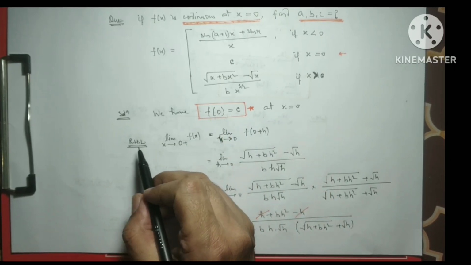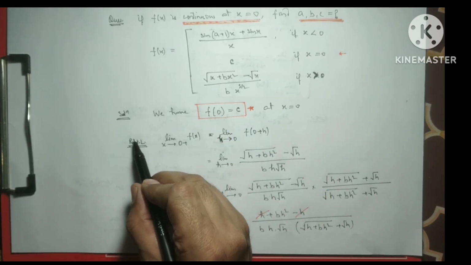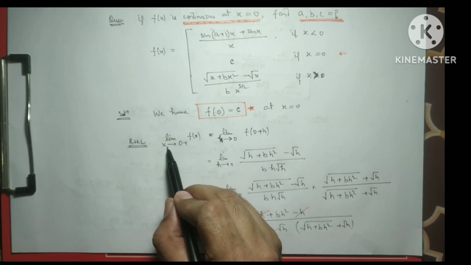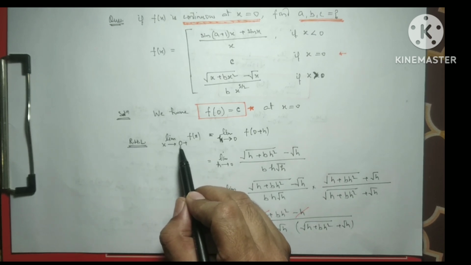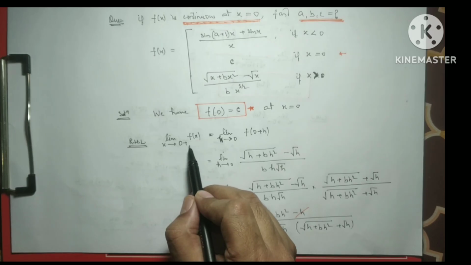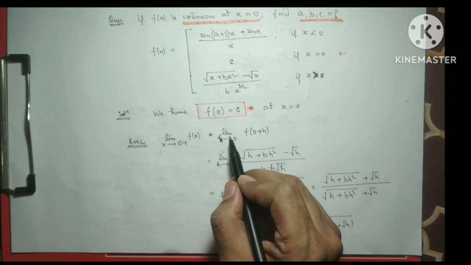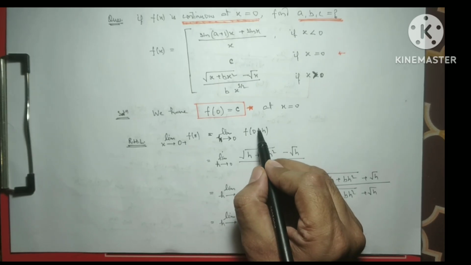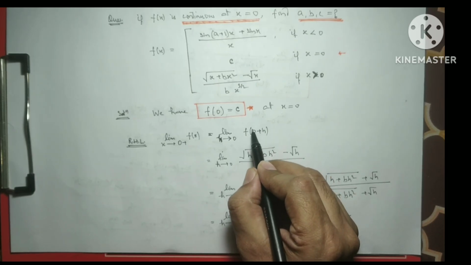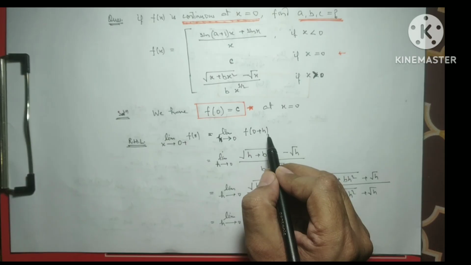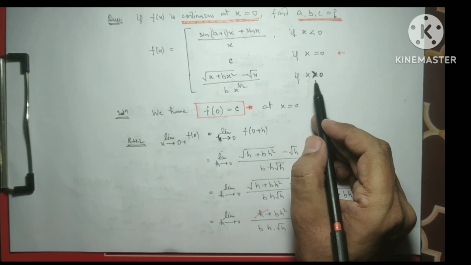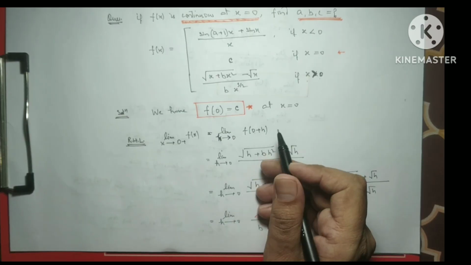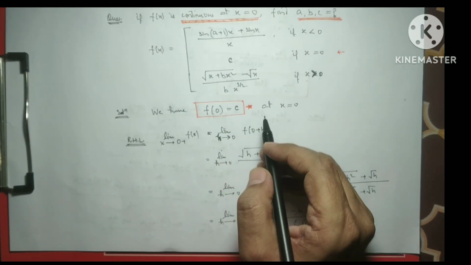So now step 2, we will go for the right hand limit, that is limit x tends to 0 plus, that is limit h tends to 0 of f(0 plus h). That means we put 0 plus h in place of x when x is greater than 0.